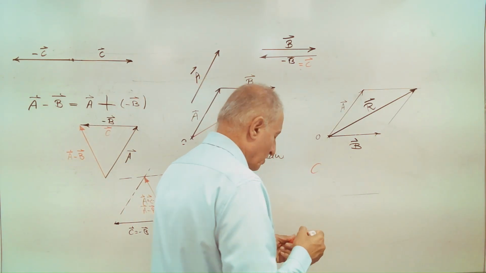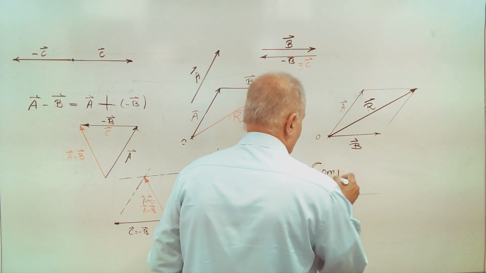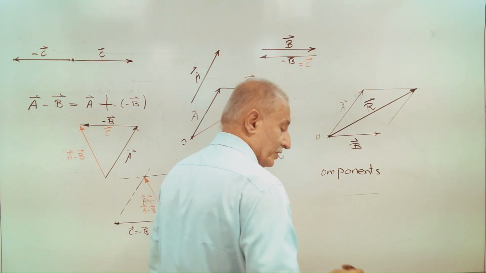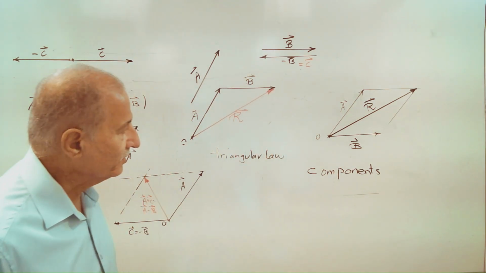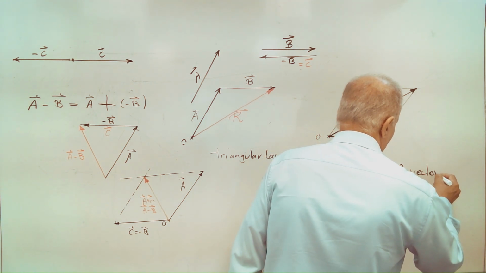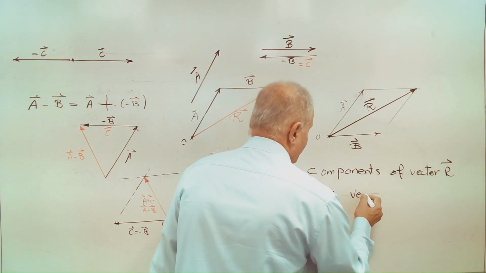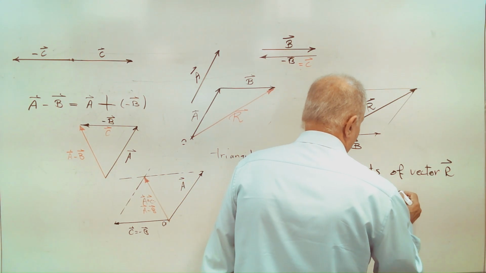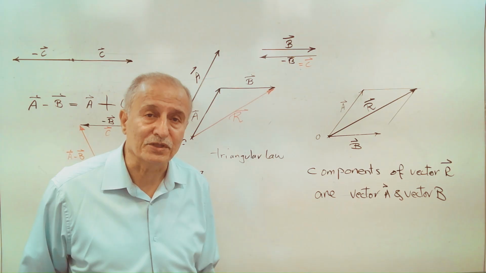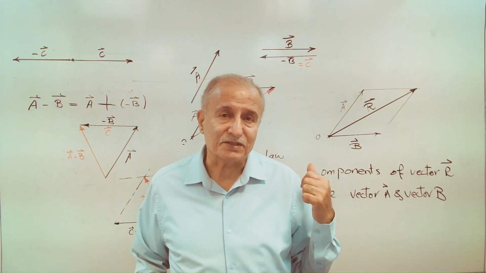Components of vector R are vectors A and B. A and B are called components of vector R. Component means if we add them together, we get the first vector.